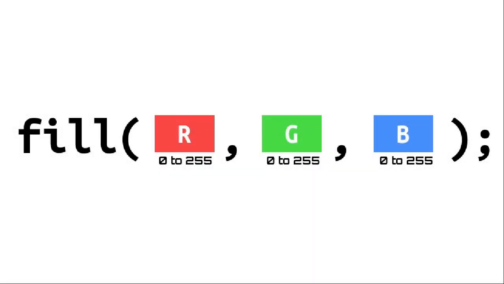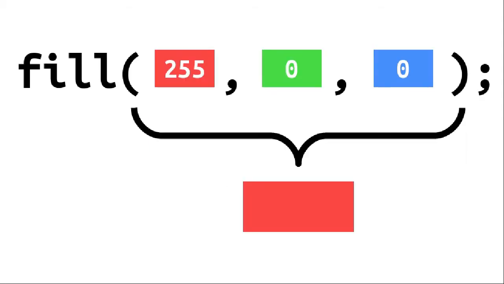where we use this fill function to define a color of a shape before we call the shape function. So here, say we give this fill 255 for red and 0 for green and blue. The outcome color should be just red.